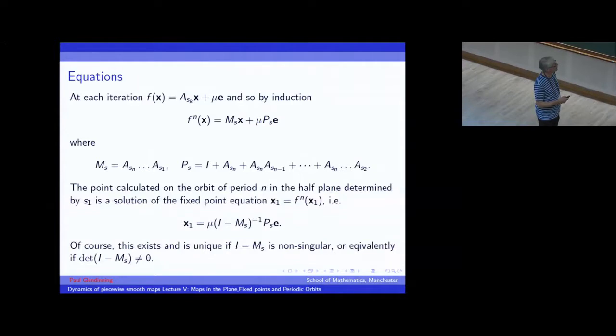Just to say that it's a bit similar to some of the manipulations you were doing with the normal form earlier this week, that if you look at the nth iterate, it's some matrix type, it's a composition of linear maps, or strictly speaking, affine maps, linear plus constant maps. And if you compose linear maps, you get linear maps.